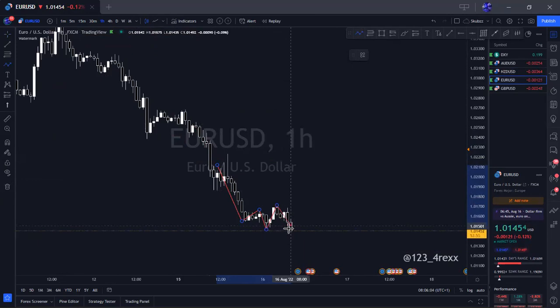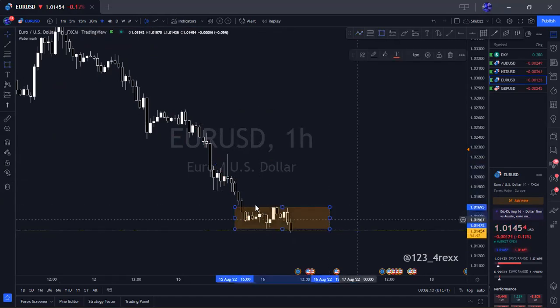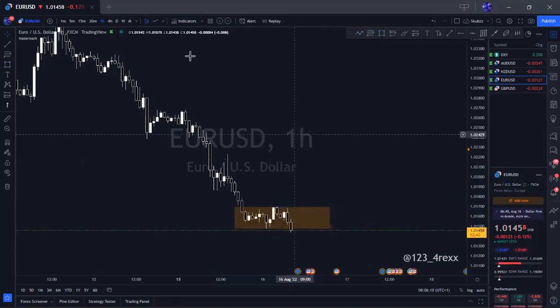So it's looking like an exhaustion of the trend. For now, I would like to see what price will do at these levels here. Whichever way it breaks, that's how I'll be following it.